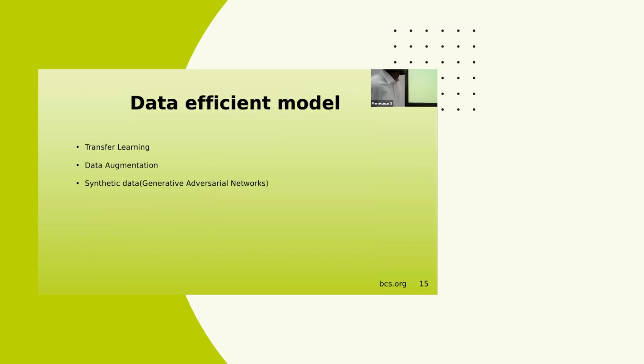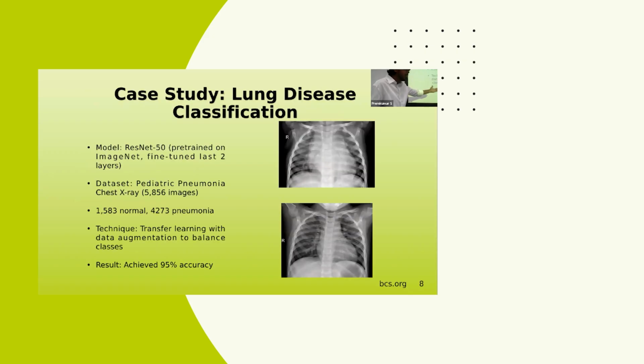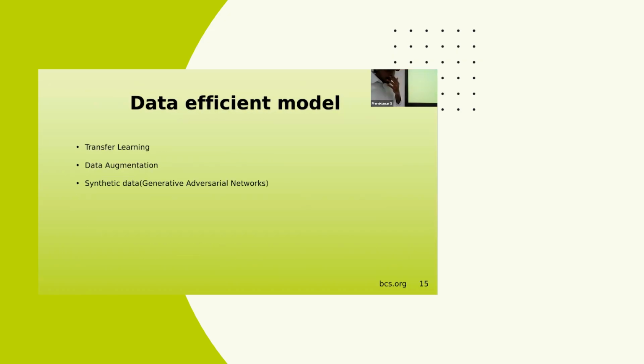Okay, next is synthetic data. Since we are using generative AI now, we can also create synthetic data, that is, an artificial image similar to the original training images. How this works is the GAN network generally consists of a generator and a discriminator.